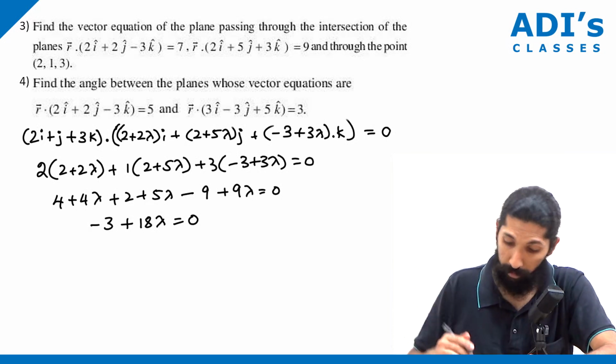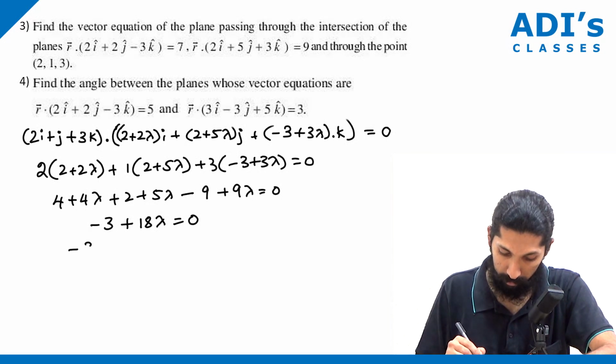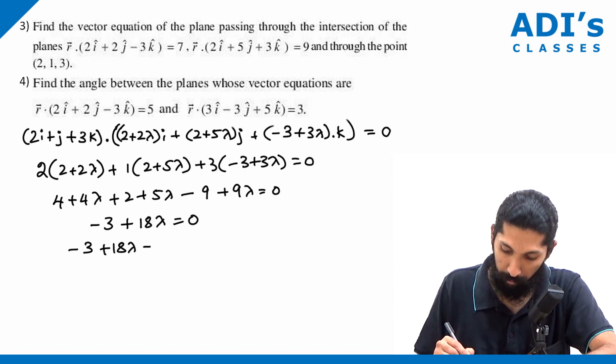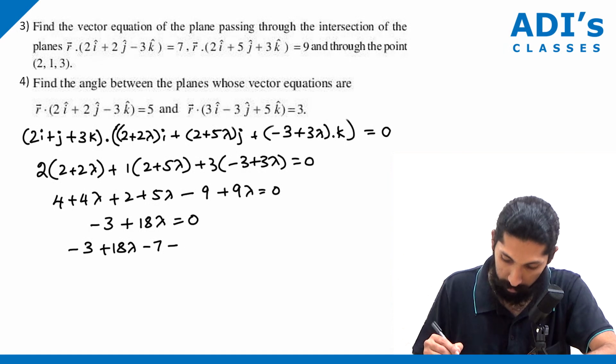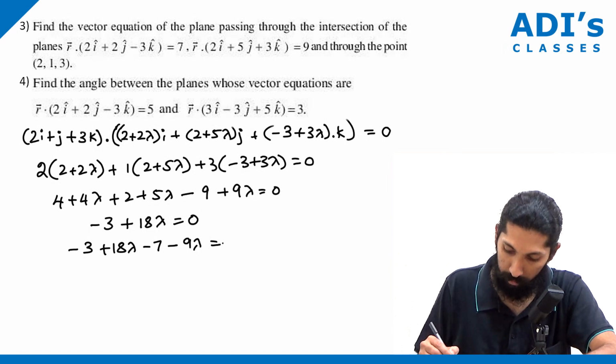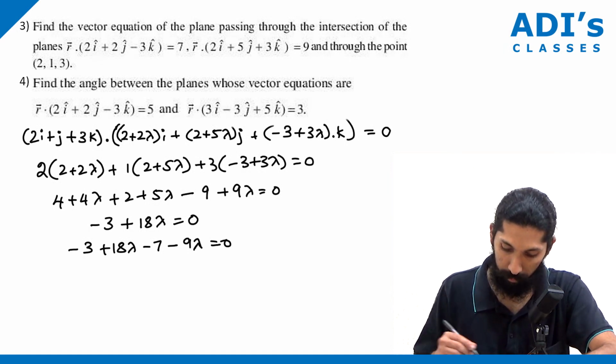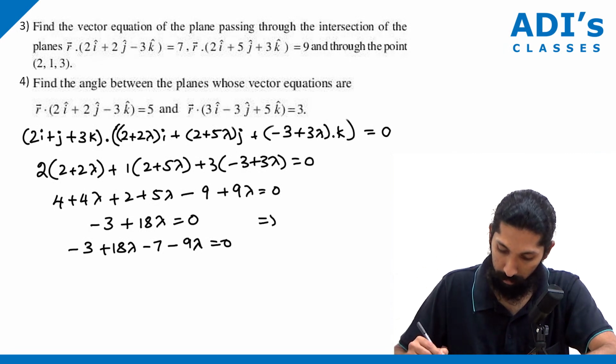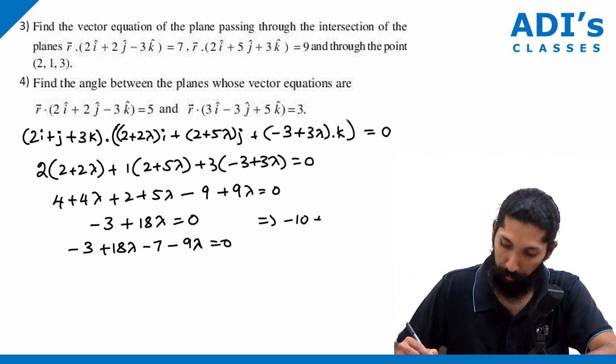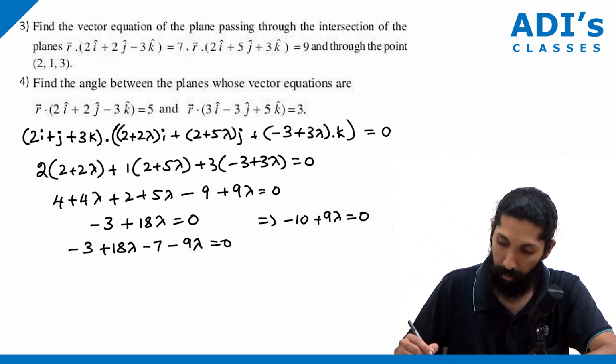When you take it to LHS, you will get minus 3 plus 18 lambda minus 7 minus 9 lambda. This is equal to 0. That means you are going to get minus 10 plus 9 lambda is equal to 0. So we get lambda value as 10 divided by 9.